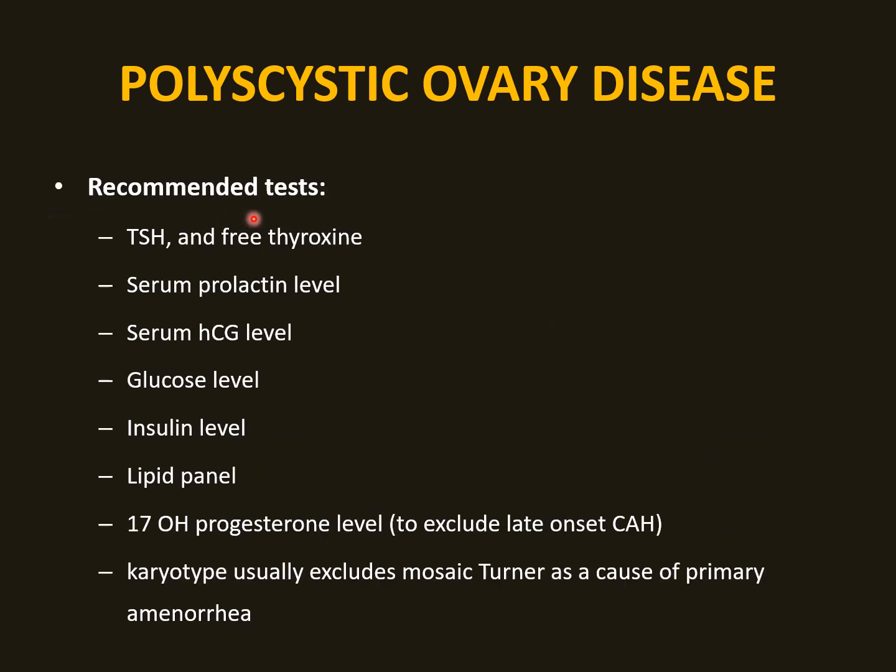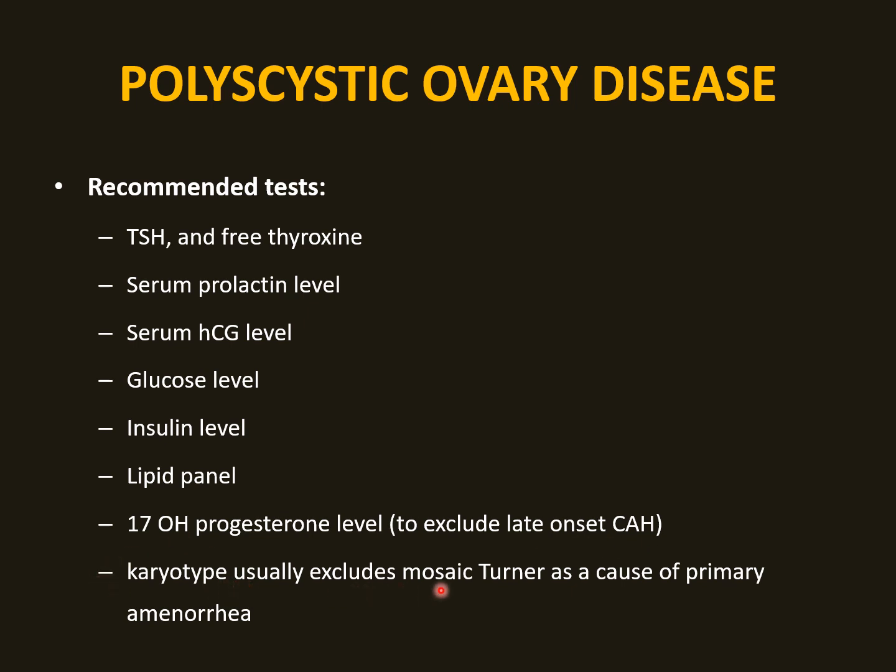Recommended tests for a child with suspected polycystic ovary disease: TSH, free thyroxine, serum prolactin level, serum HCG level, glucose level, insulin level, lipid panel, and 17-hydroxyprogesterone to exclude late onset CAH, or congenital adrenal hyperplasia.